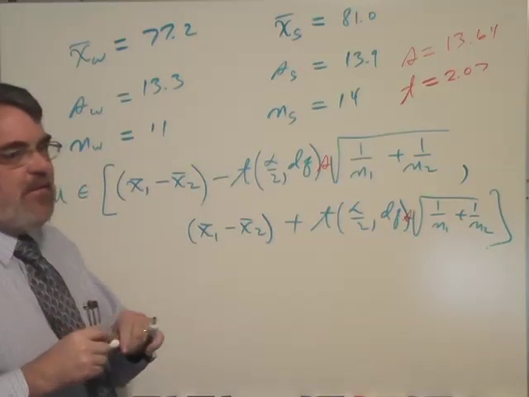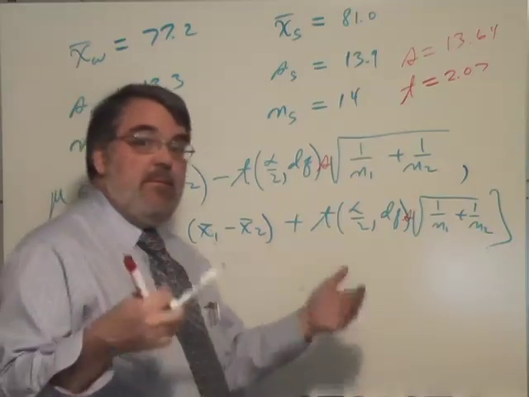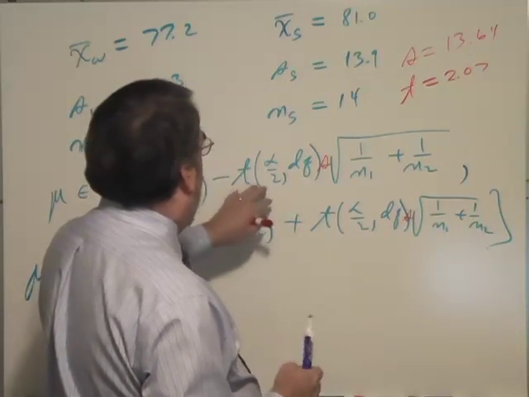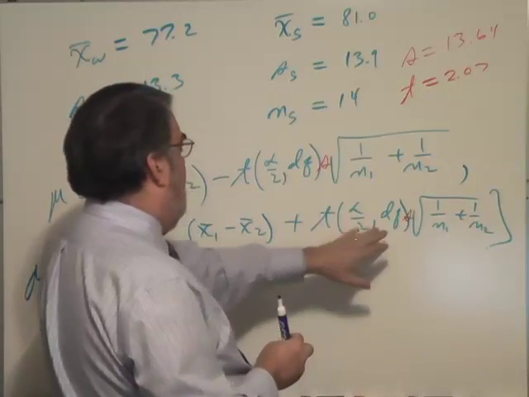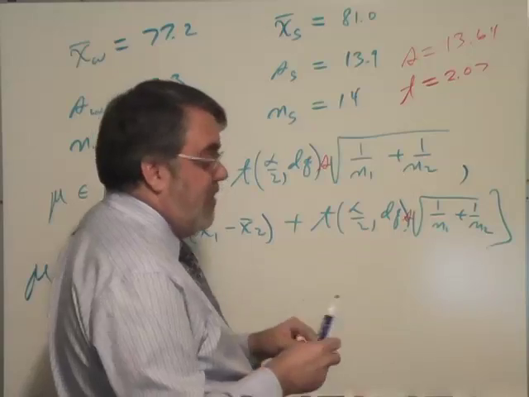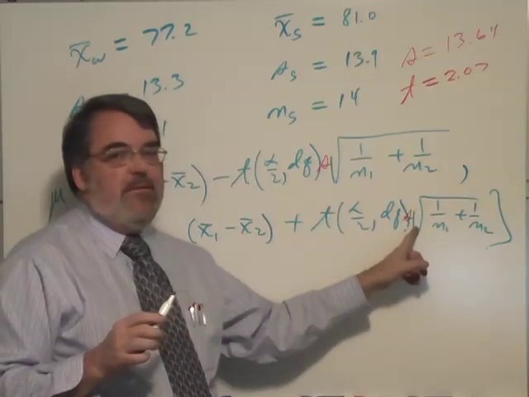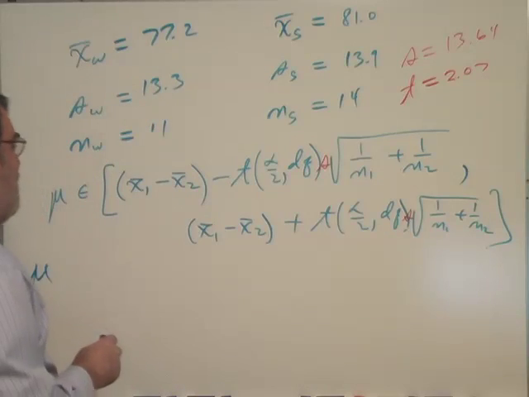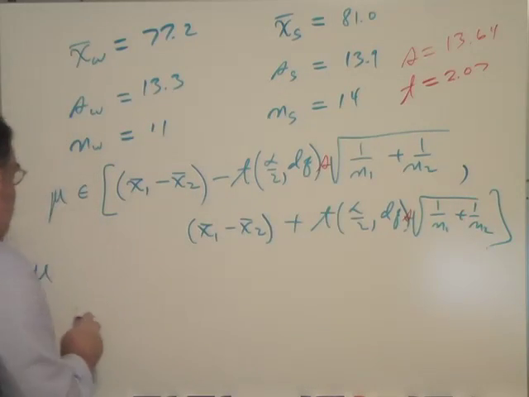So please correct your formula. Someday I'll just re-record this video and it'll look real smooth. But I have the t-score times s times the square root. So please fix your formula, if you've written this down, to have s multiplying in between those.